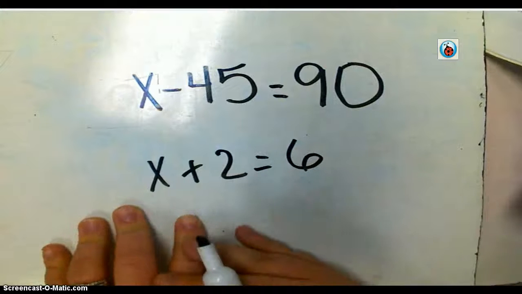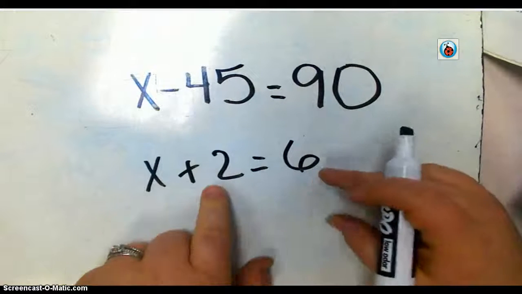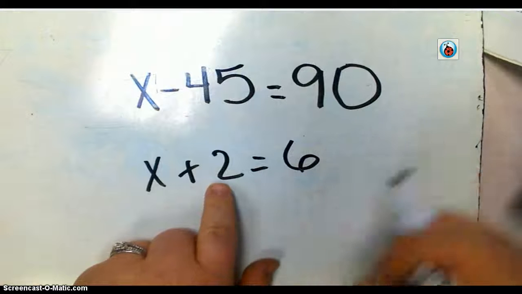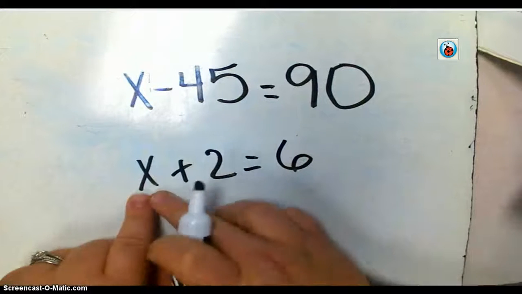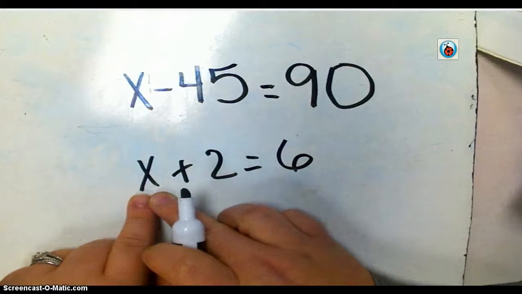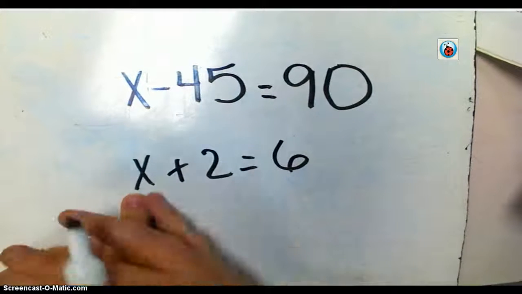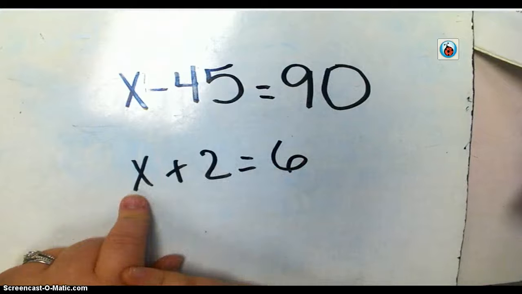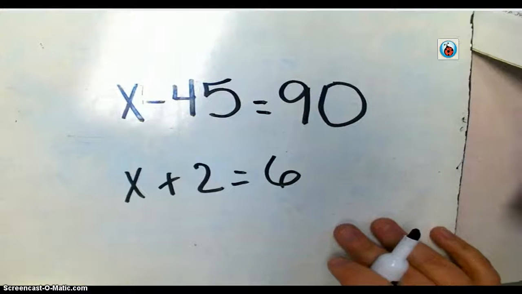And you have been taught to mentally think, if I just take 6 minus this, that's going to give me what this is equal to, right? 6 minus 2 is 4, and 4 plus 2 is 6, right? Okay? Here's the reason behind why that works.